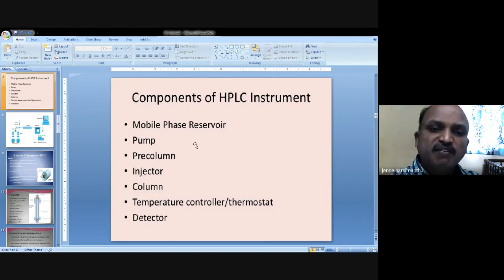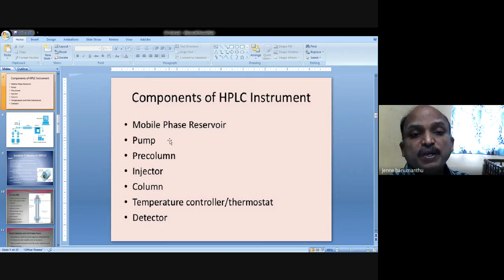It acts as the mobile phase, and a pump is needed to pump the water into the column along with the unknown sample. Then there is a sample injector, a supporting device, and the main column. Then we need a temperature controller, a thermostat, and a detector.